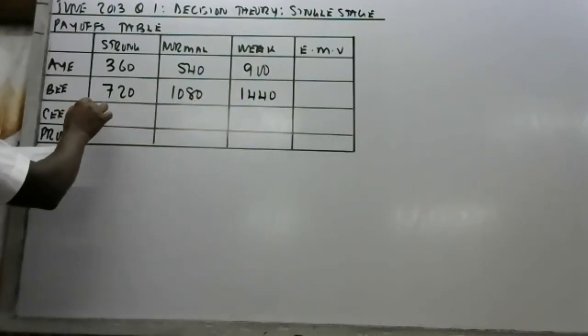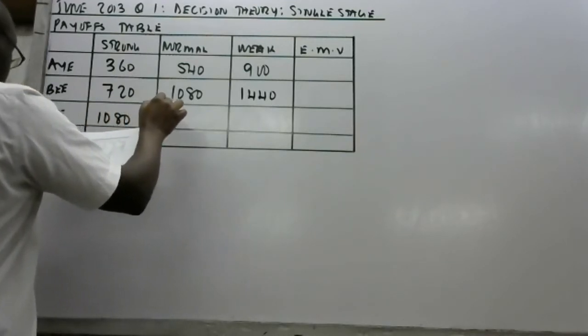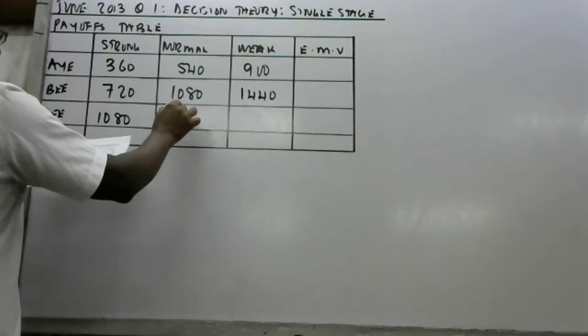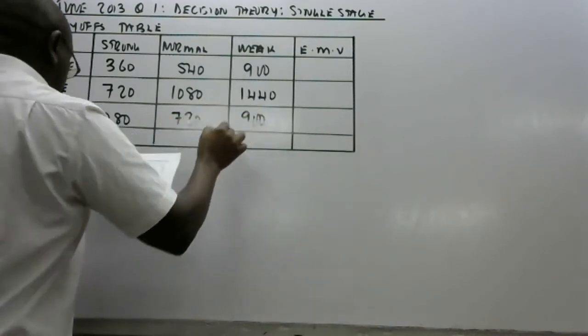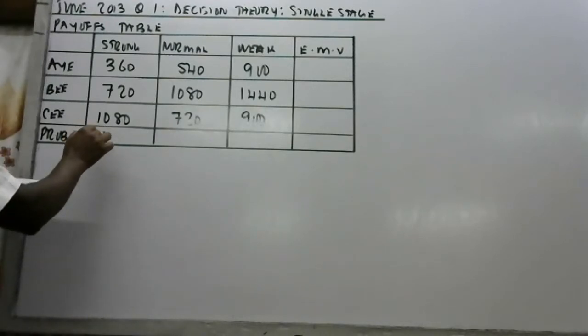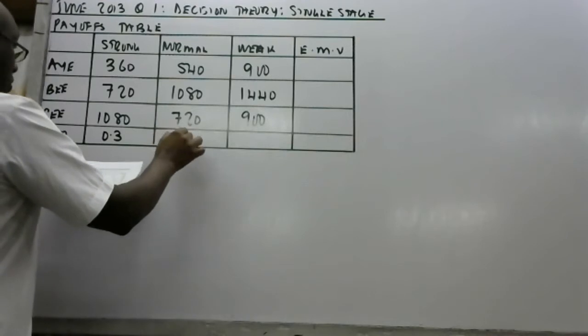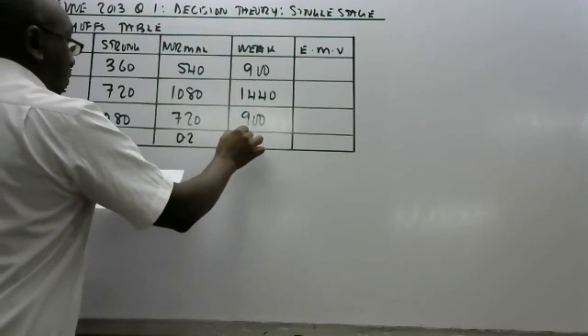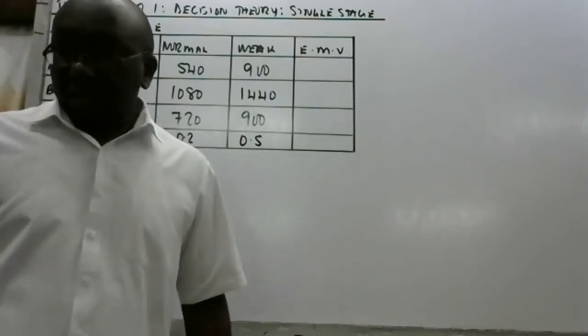Product C, strong is 1080. Normal is 720. And this one is 900. The probability of strong is 0.3. Normal is 0.2. And weak is 0.5.